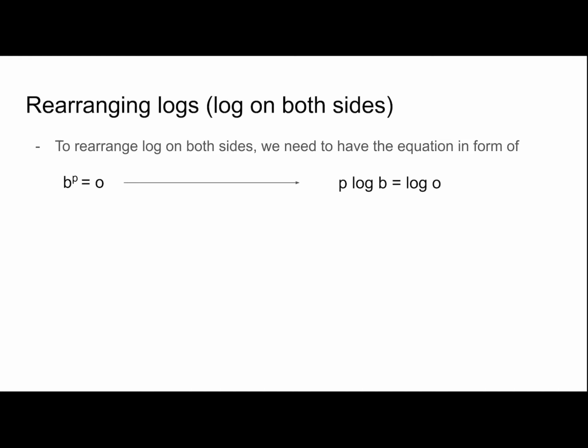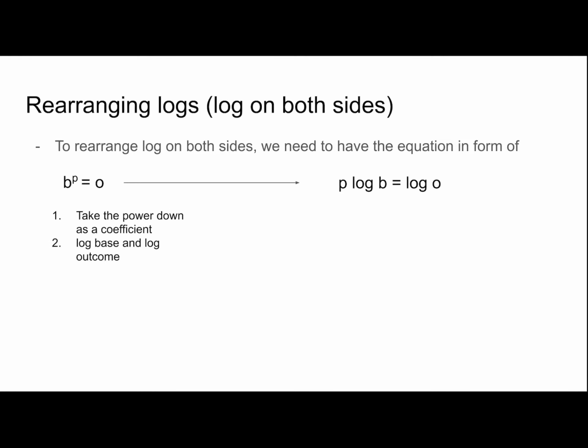So the power is no longer a power, it's a coefficient. So the coefficient times the log of the base is equal to log of the outcome, okay? So P log B equals to log O. And basically, those are the steps. Take the power down as a coefficient, and log the base and log the outcome. So that's when we say log of both sides.